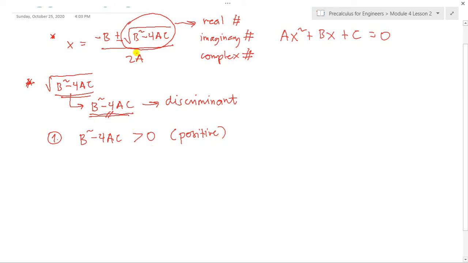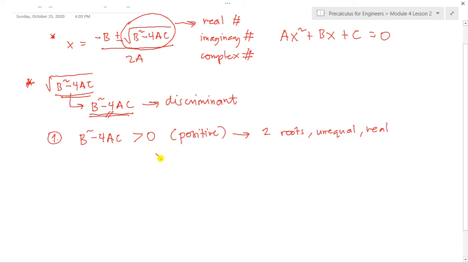When we have a positive answer here, there is no negative square root, so it will not be imaginary. It could be complex, but to be specific, we have real numbers. So this is 2 roots, since we still have 2, and unequal and real. Why unequal, sir?